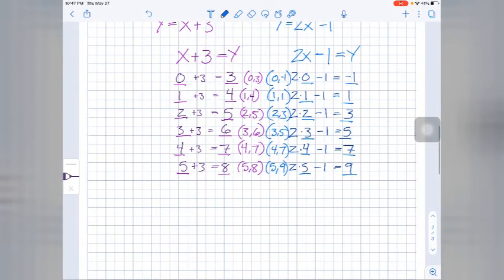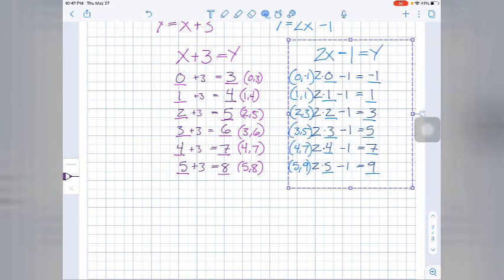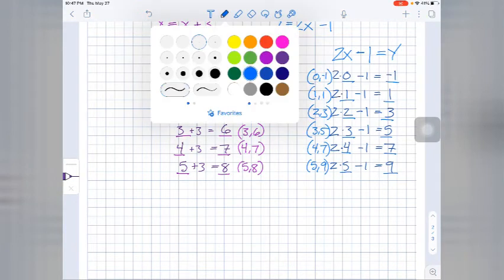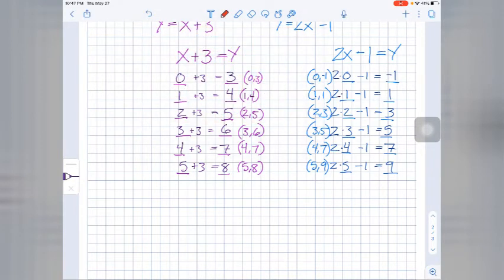Of these answer pairs, I'm going to highlight this whole section and scooch it over. The solution is going to be the one where our answers match. So the solution is the pair of answers that is the same for both. We notice that for 0 and 3, when x is 0, y is not the same, so these don't match.